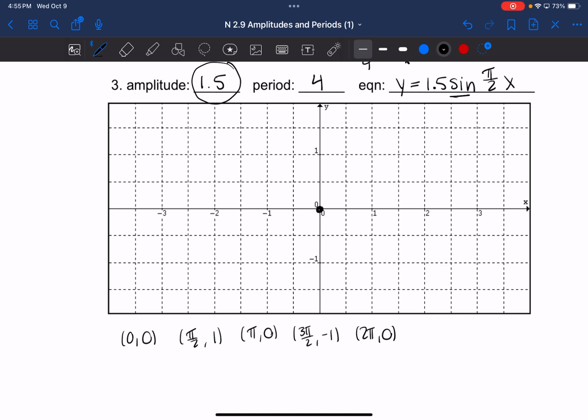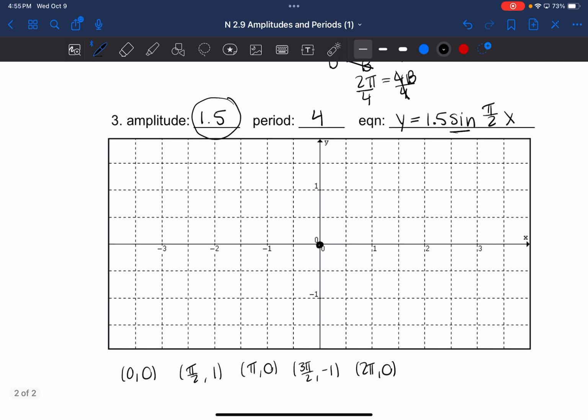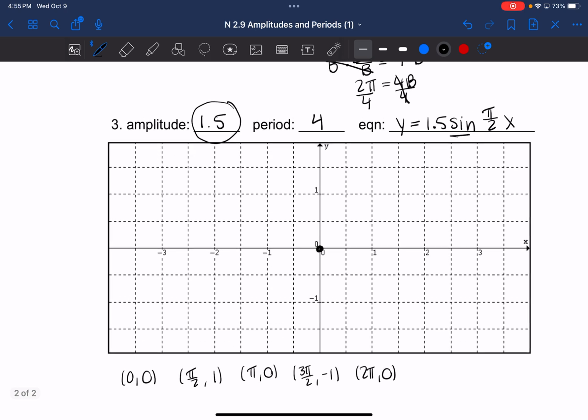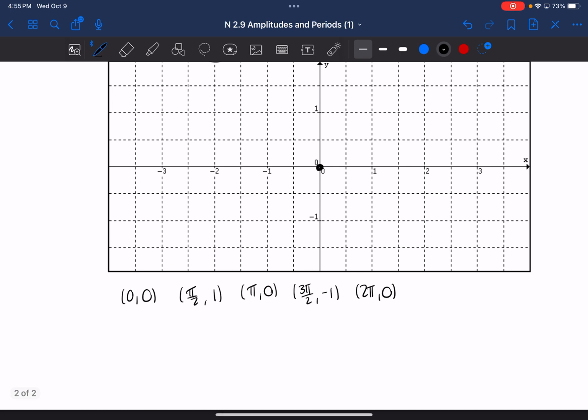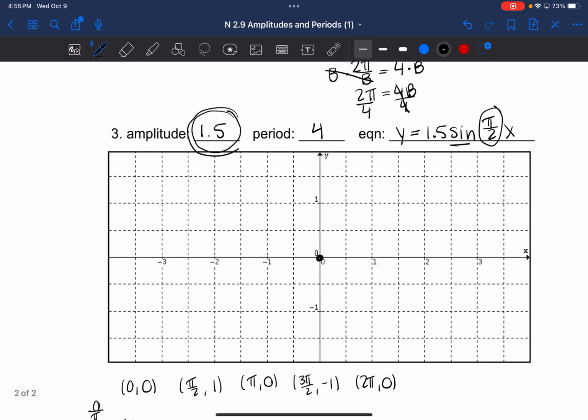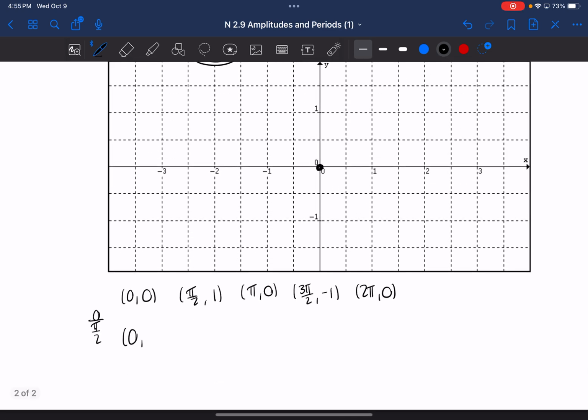So for all of the x values, we have to divide by our b value, which we found to be pi halves. So here I'll have 0 divided by pi halves, which would still be 0. And for the y value, I'm multiplying by my amplitude 1.5. 0 times 1.5 would still be 0.